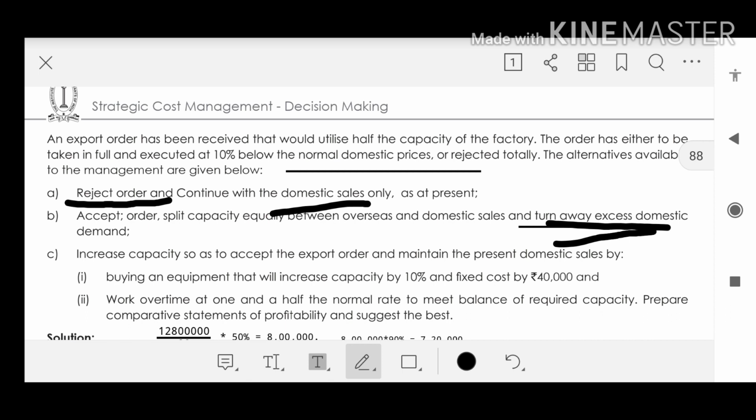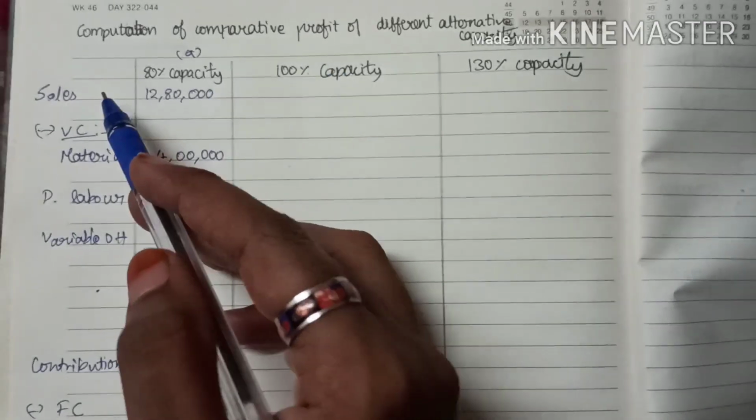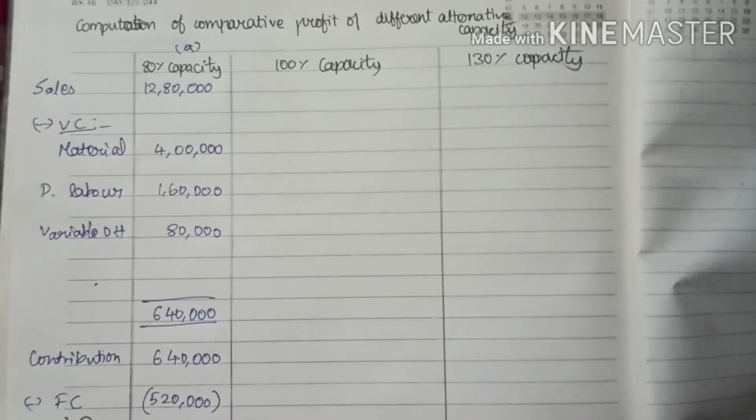That is, for meeting the domestic demand we have to allot the capacity of 80%, but now we have only 50%, so the balance 30% we have to sacrifice. That's it. Now we have to calculate for 100%. For this, we need some working for sales.